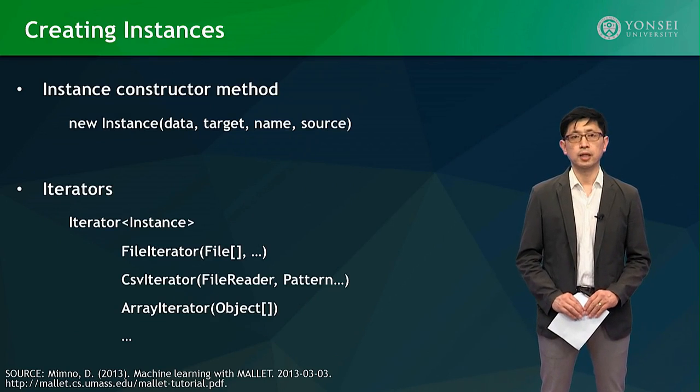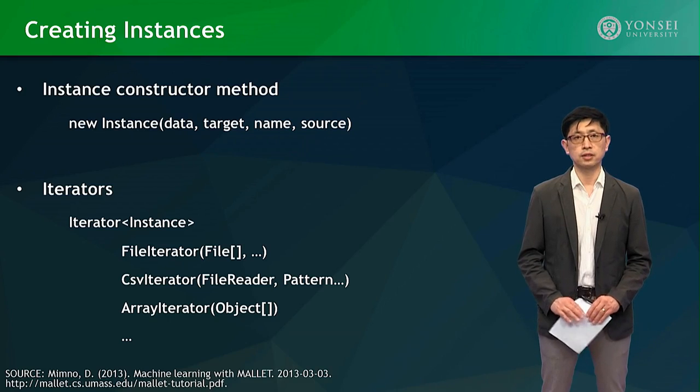The instance object is instantiated by taking 4 arguments: data, target, name, and source, which I explained 2 slides before. An instance means one document. For the number of documents to be processed, we need to efficiently transform them into instances.